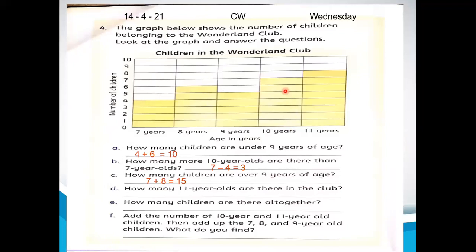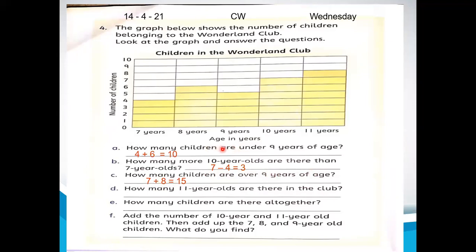Here 10-year-old students are 7, and the number of children who are 11 years old is 8. So we will add these numbers, 7 plus 8, we get 15. 15 children are over 9 years of age.